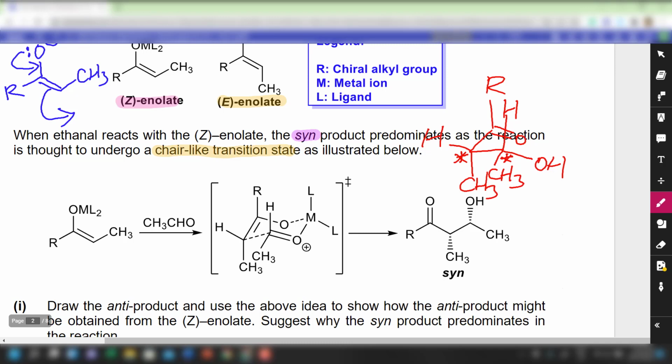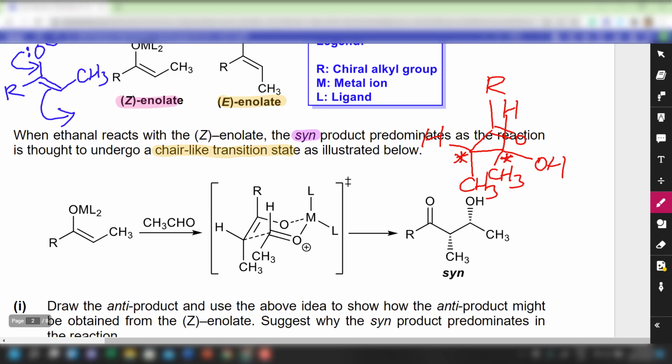Because I drew it this way, and because of the way the reactant is positioned in the transition state, this is the only possible stereochemistry which you can draw and which makes sense. So I hope you can come to terms with that.